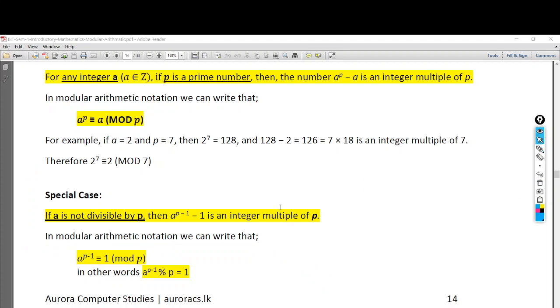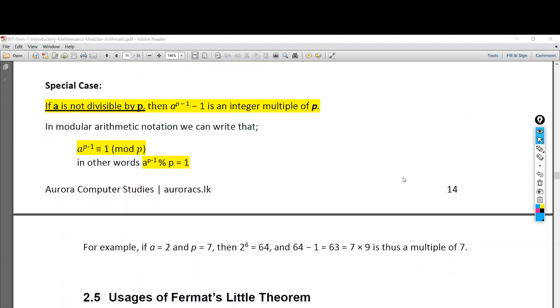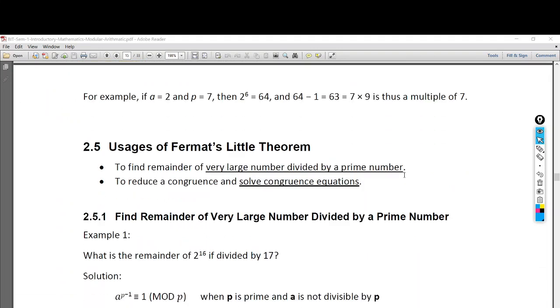So there are different ways you can calculate inverse values. Use of Fermat's little theorem is the easiest one, but the only thing is it can't be used for all cases, only for special cases. We can use Fermat's little theorem for two things. You can use it to calculate very large numbers divided by a prime number.